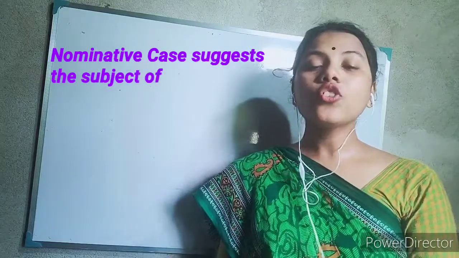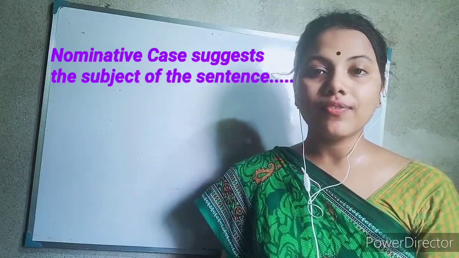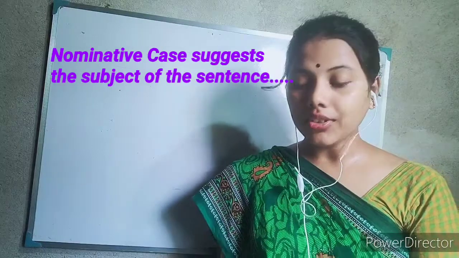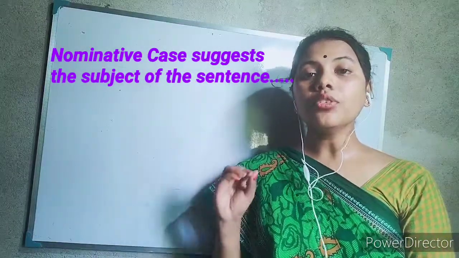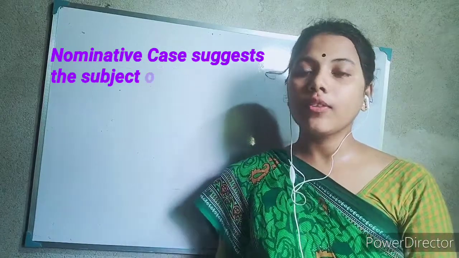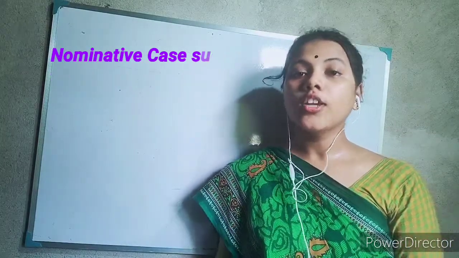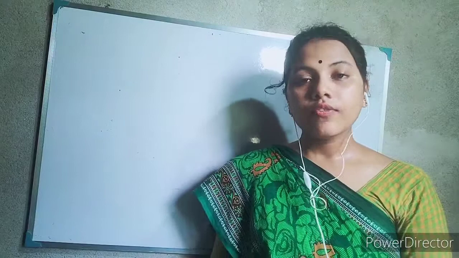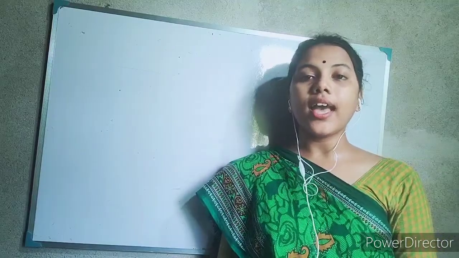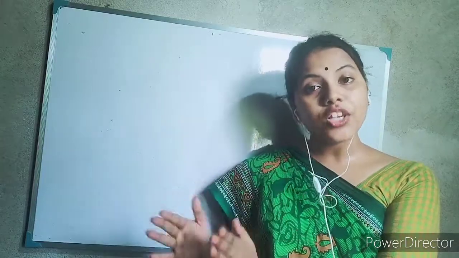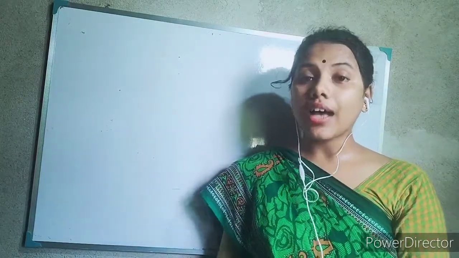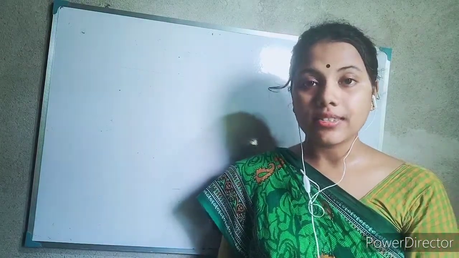Nominative case is also known as subjective case because the noun or the pronoun which is used as the subject of the sentence is called nominative case. For example, if I say I am a good girl, you see I is used as the subject of the sentence. That means I is the nominative case.